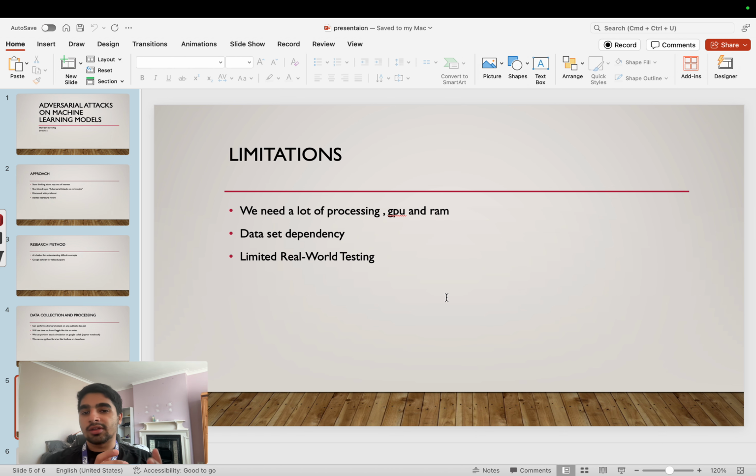So what are the limitations? As I previously mentioned, we need a lot of GPU, CPU, and RAM.